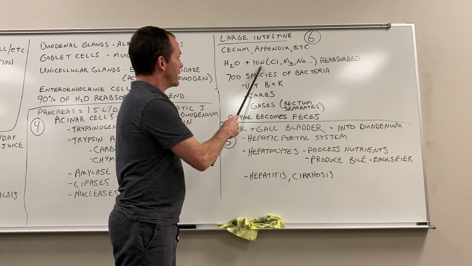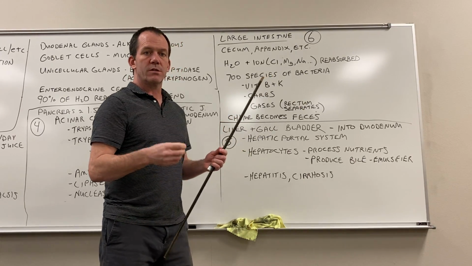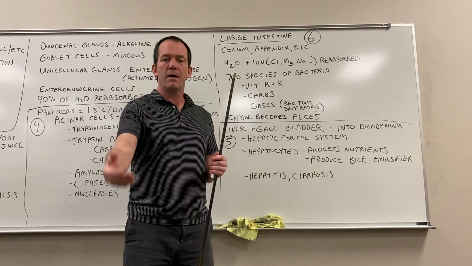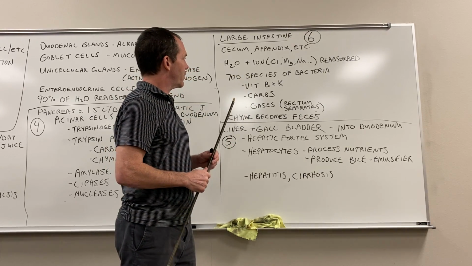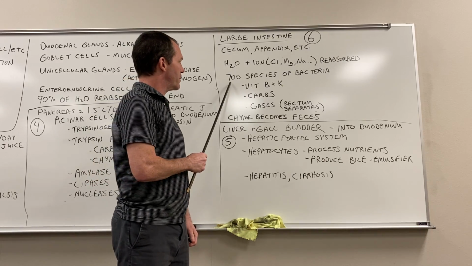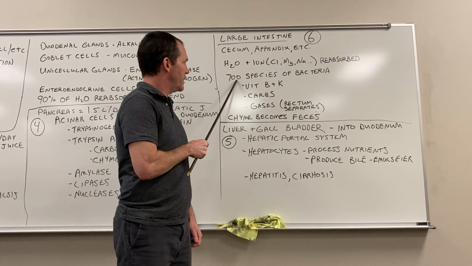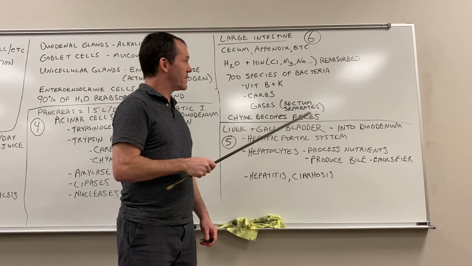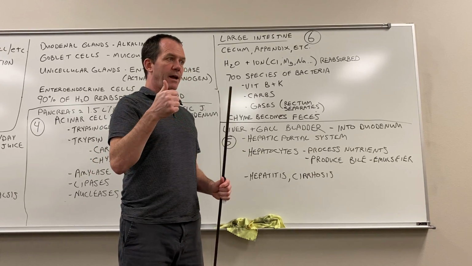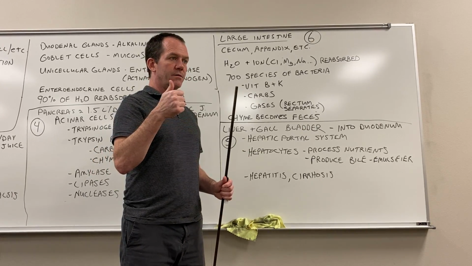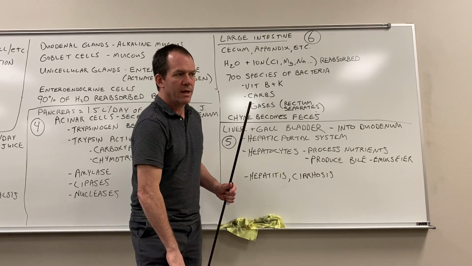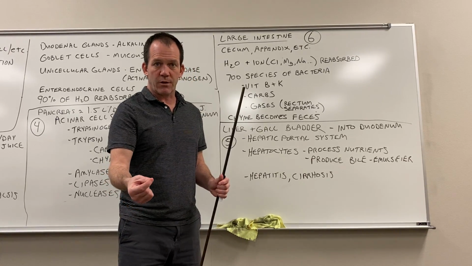You also can get some ions from your food. So electrolytes that might still be in the chyme get reabsorbed, which are useful. And here's the real use of your large intestine. You've got 700 or more species of bacteria, and not just bacteria, but fungi and archaea, which is another type of prokaryote, and other single-celled organisms.